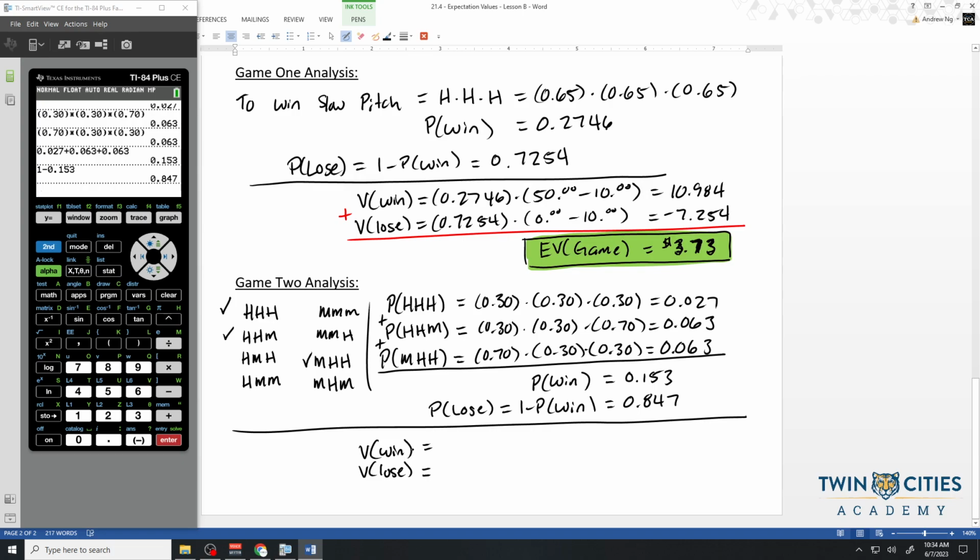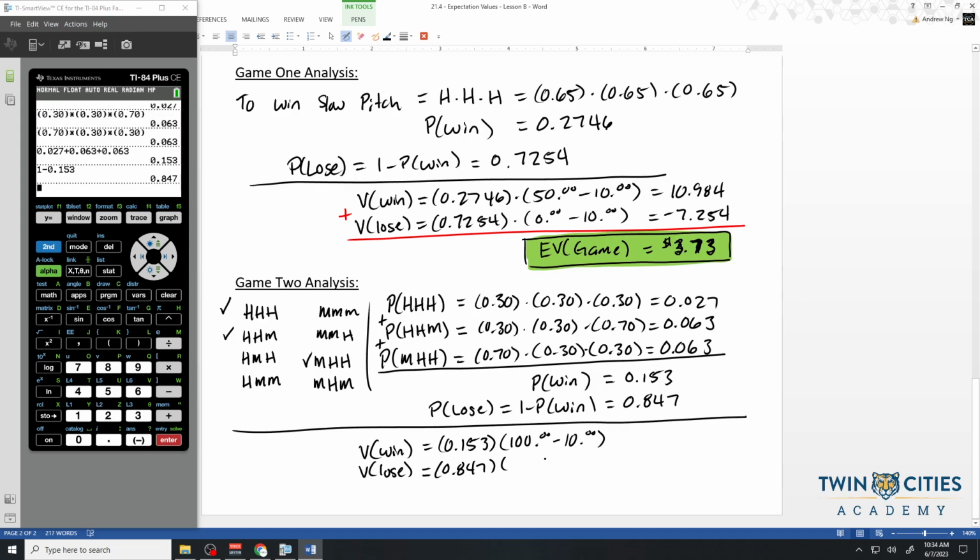The probability of winning is 0.153 times the outcome. If I do win, I get $100, minus it costs $10 to play. Then the value of a loss: this would be the probability of losing, 0.847, times the outcome.